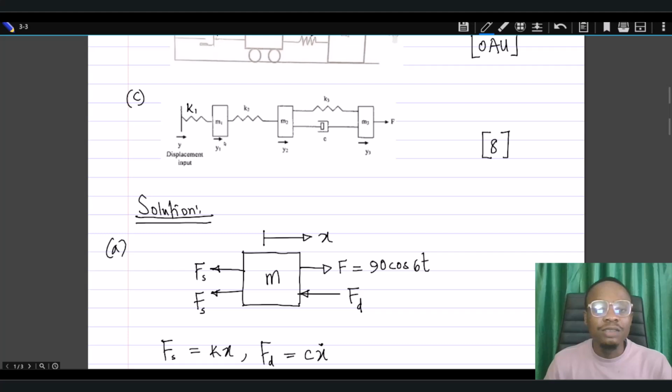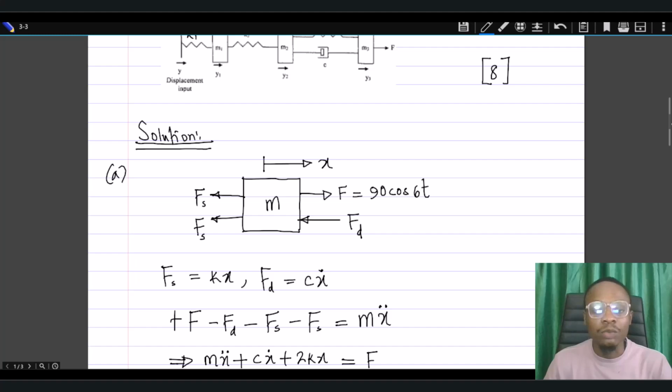So if this is displaced to the right by y1, then we have to consider the displacement of this end as well. So the effect of the displacement of m1 on the change in length of this k1 is going to be y1 minus y, because if this goes by y1, this is not necessarily extended by y1. That will depend on y. So if y goes to the right as well, positive, that means the change in the length of the spring overall will be y1 minus y.